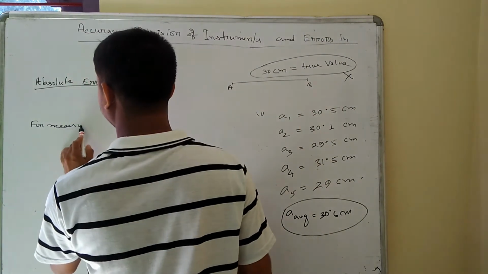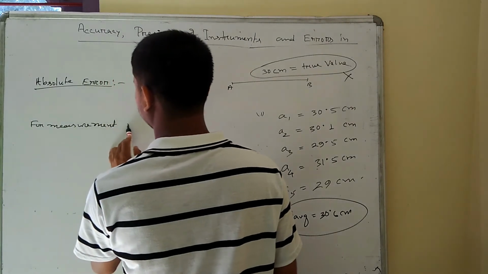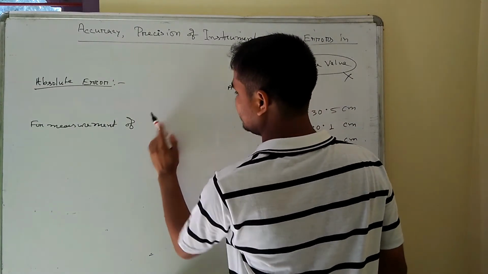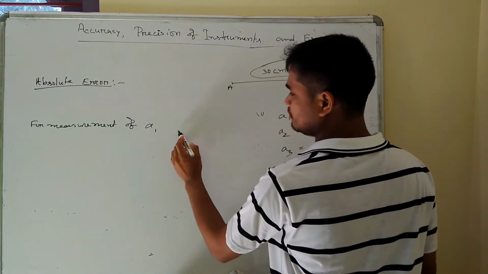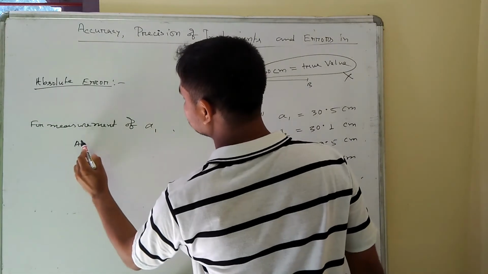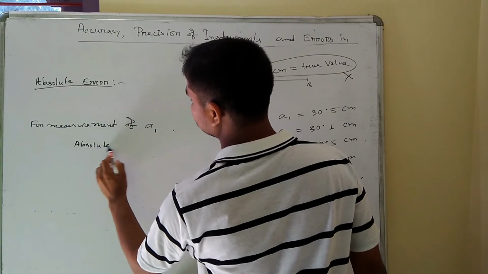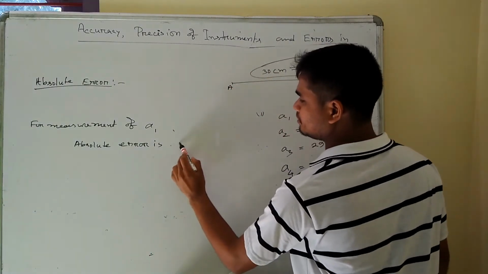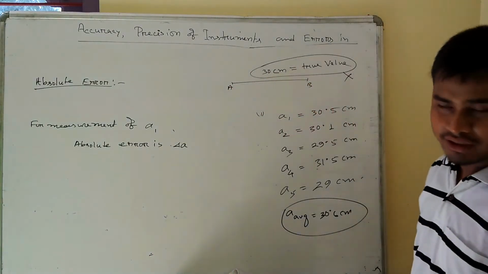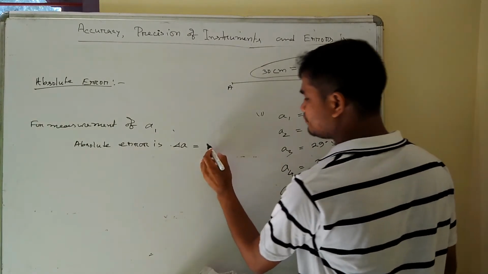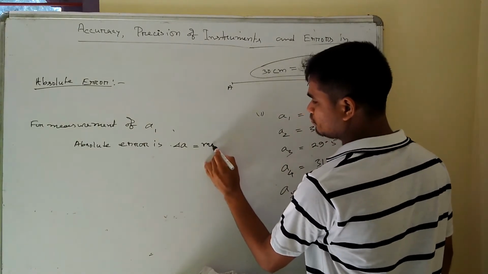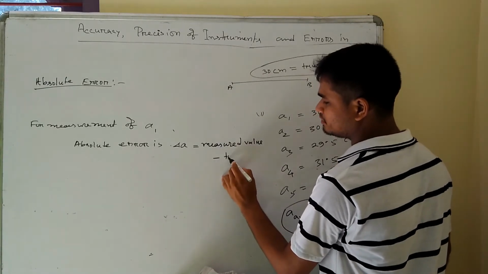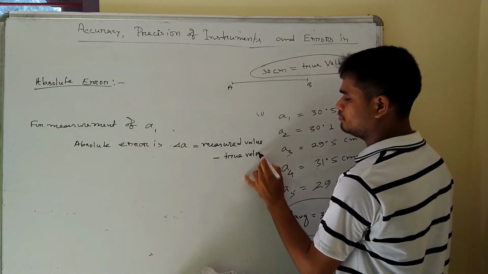For measurement of A1, absolute error delta A is measured value minus true value.